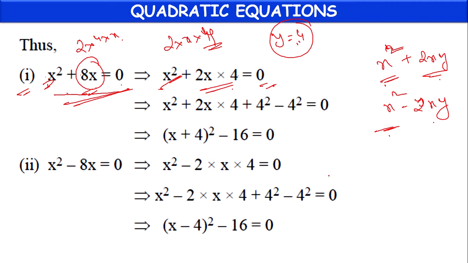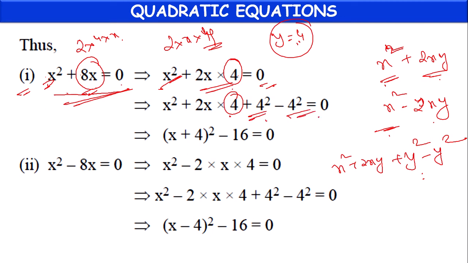What do we have to do? We have to add y square and subtract y square. Since in the place of y we have 4, we have to add 4 square and subtract 4 square. Now x square plus 2 into x into 4 plus 4 square becomes x plus 4 whole square.